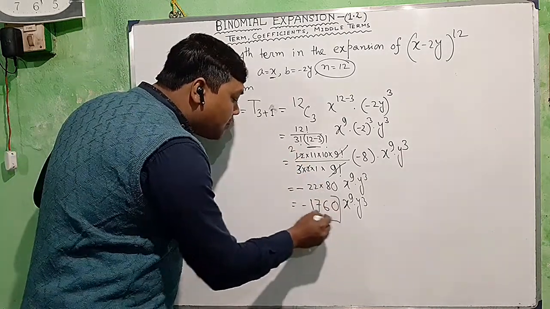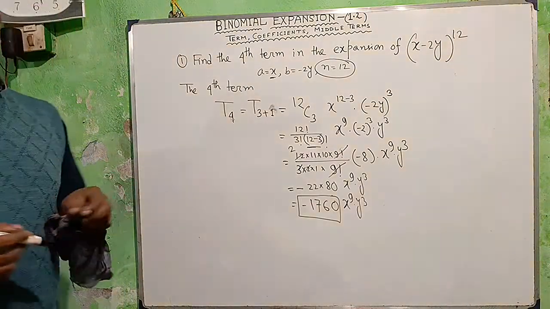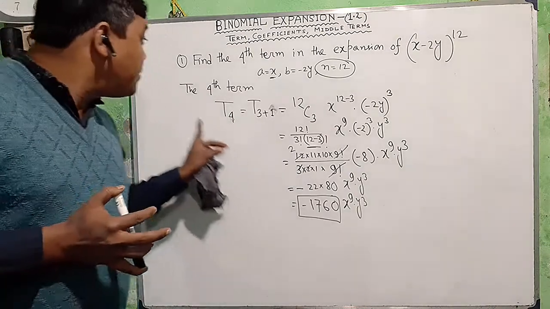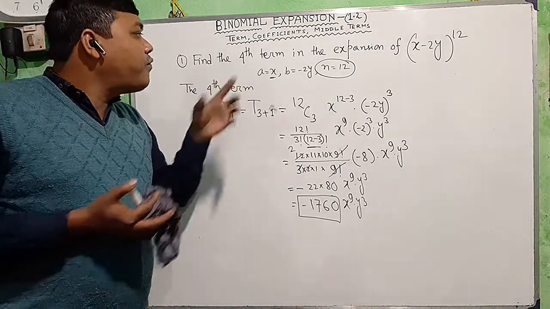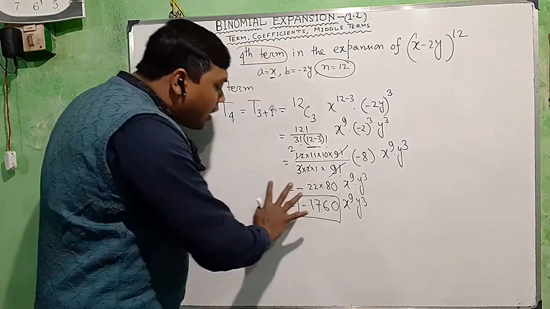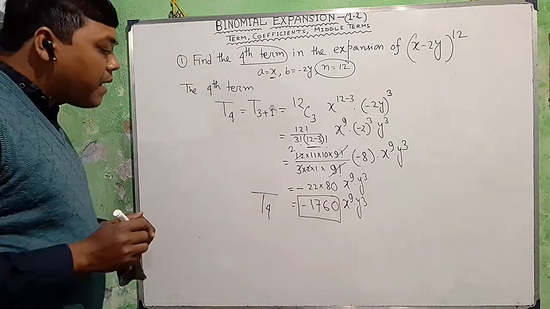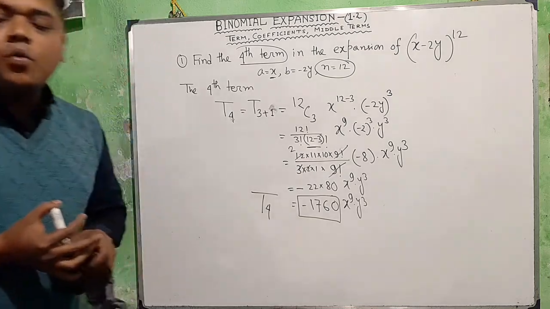So the constant part is minus 1760. Okay, so the question is to find the fourth term of the expansion. So I have written the whole term T4, that means T3 plus 1, that is minus 1760 into x to the power 9 into y cube.